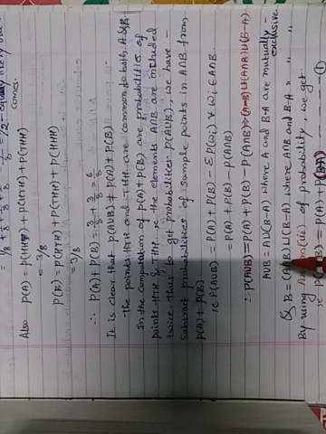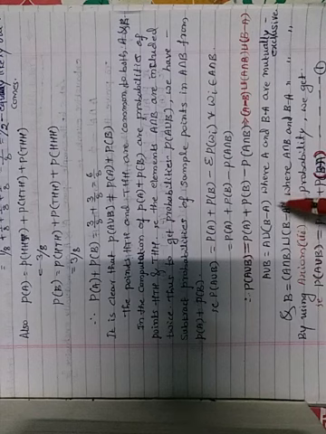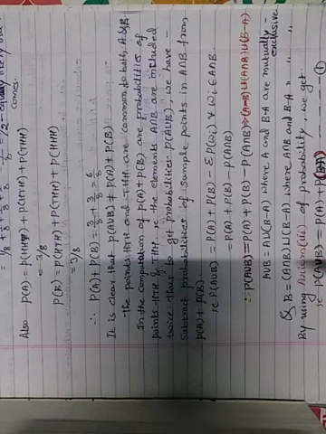Let us see how the A union B can be executed by using the third axiom of probability, the third law of axiomatic probability.